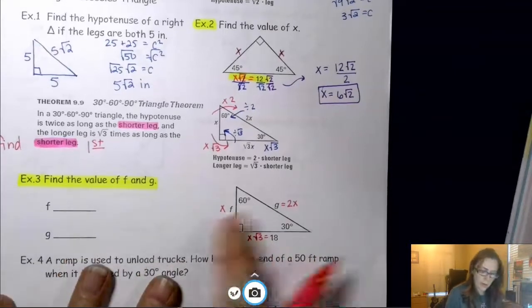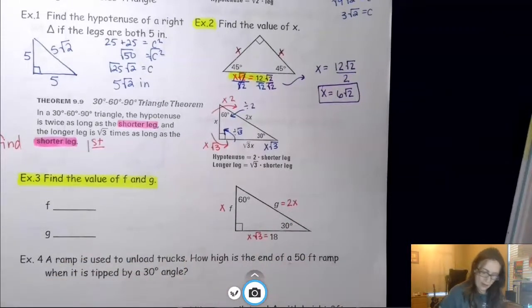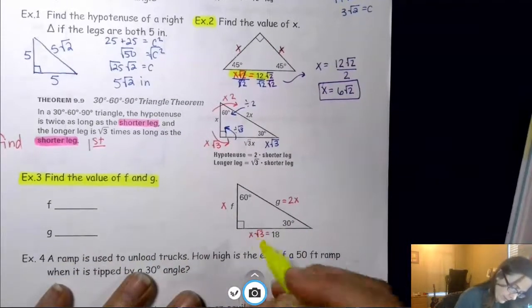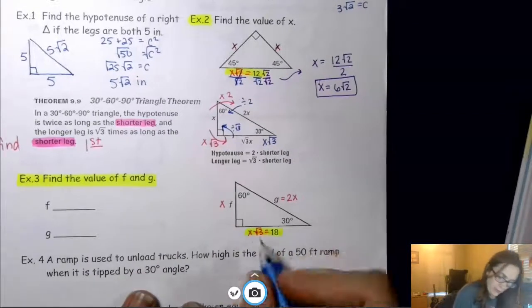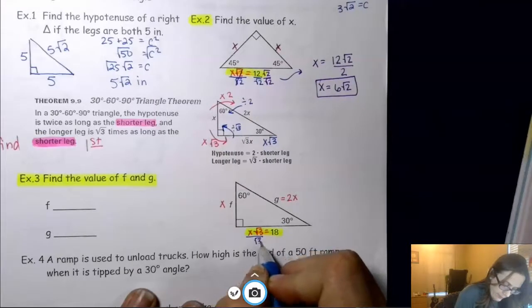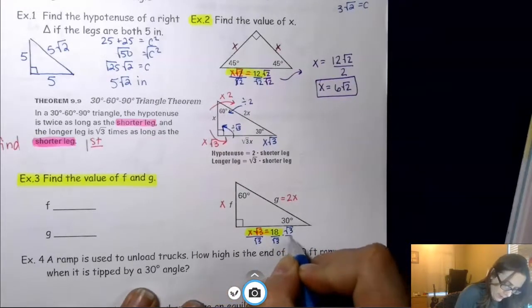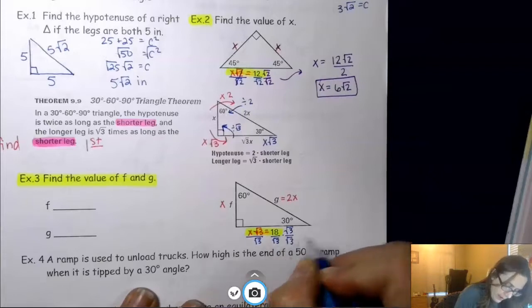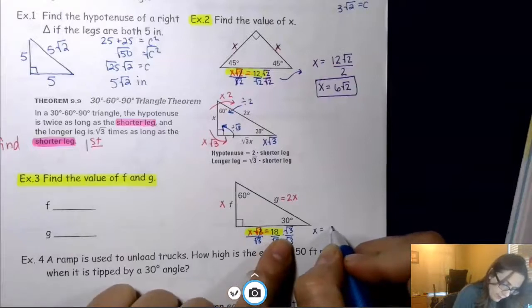And then again, wherever I have an equation I can start with, I can't start here because I have two variables. Here I have an equation where I can start. So I'm going to divide both sides by root 3. Rationalize my denominator. I end up with 18 root 3.